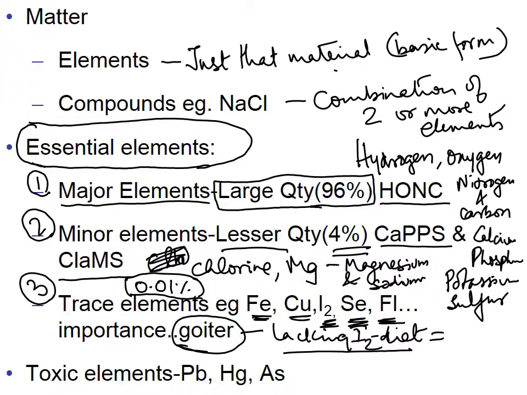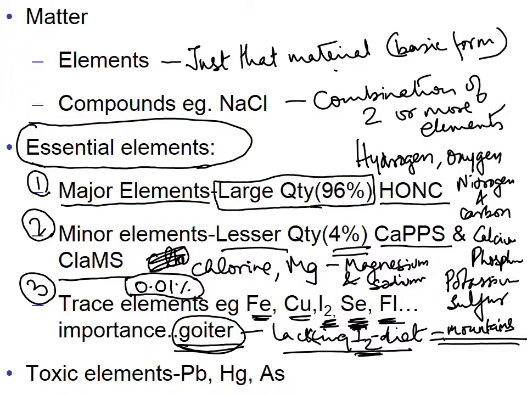But there are people living in the mountainous regions who do not have any access to iodine in their diet, because the soil doesn't contain it, the water body doesn't contain it, so they just don't have this, in which case they would suffer from this particular disorder called goiter.